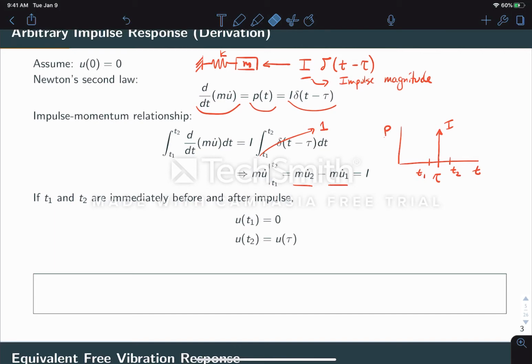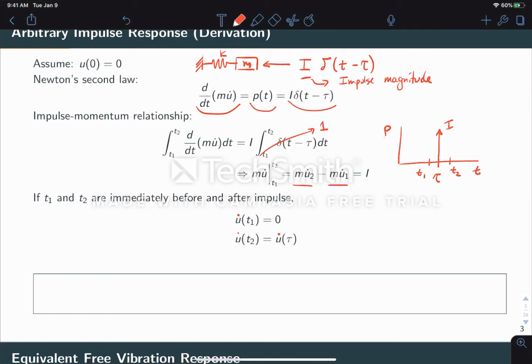All right, so because t1 and t2 are immediately before and after, we can say that right immediately before, this actually should be denoted as the velocity in all cases.